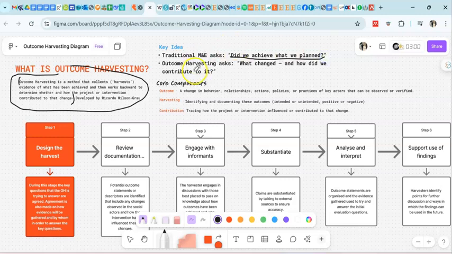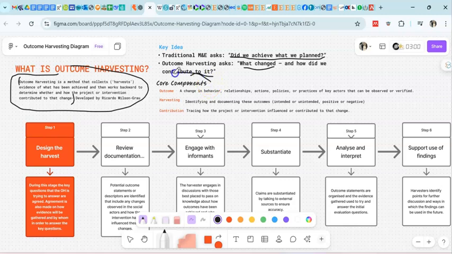That's mostly asked during evaluation in the traditional approach, but the outcome harvesting approach starts with what changed and how did we contribute to that change. That is the main idea of outcome harvesting.